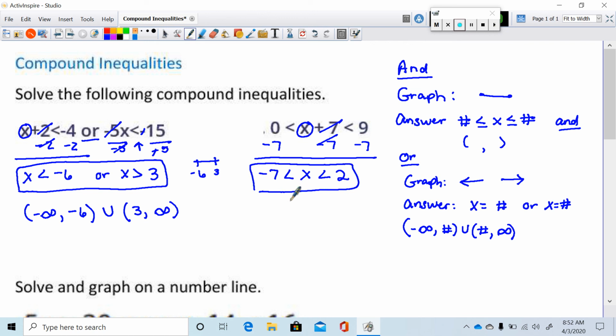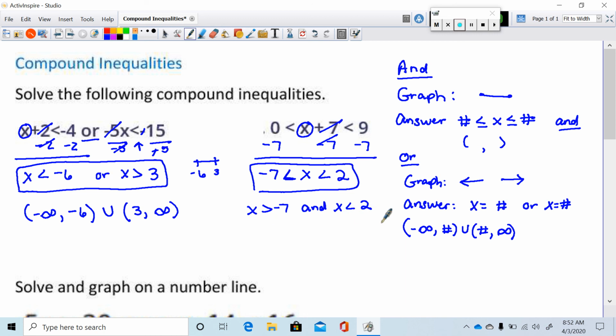Okay, another way to write it is with just splitting these up. So x is greater than negative 7. I put a greater than there because look how the mouth points towards the x. So when you rewrite it, it still has to point towards the x like it was originally. And then I'm going to use the word and x. Now for the 2, the mouth is pointing away from the x.